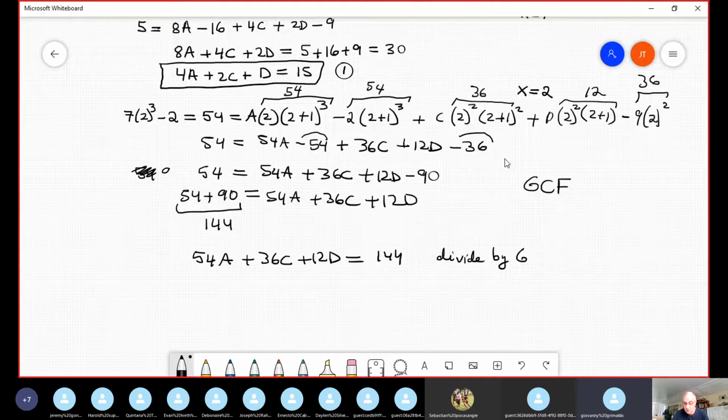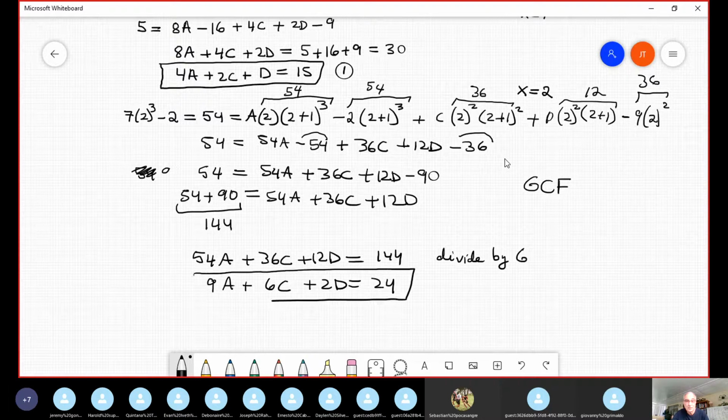When you divide by 6, we have 9A plus 6C plus 2D equal to 24. And this is my equation number 2. Wow, it's a long process, eh? So we have equation 1, equation 2, and equation 3.